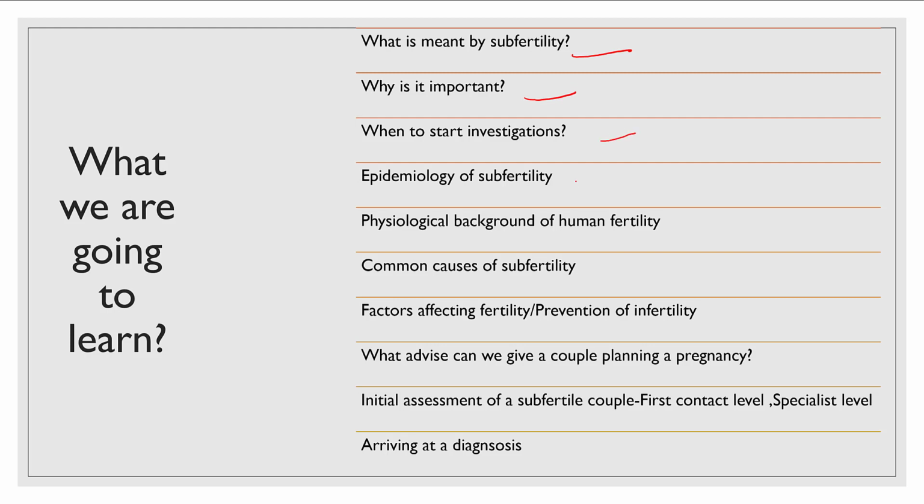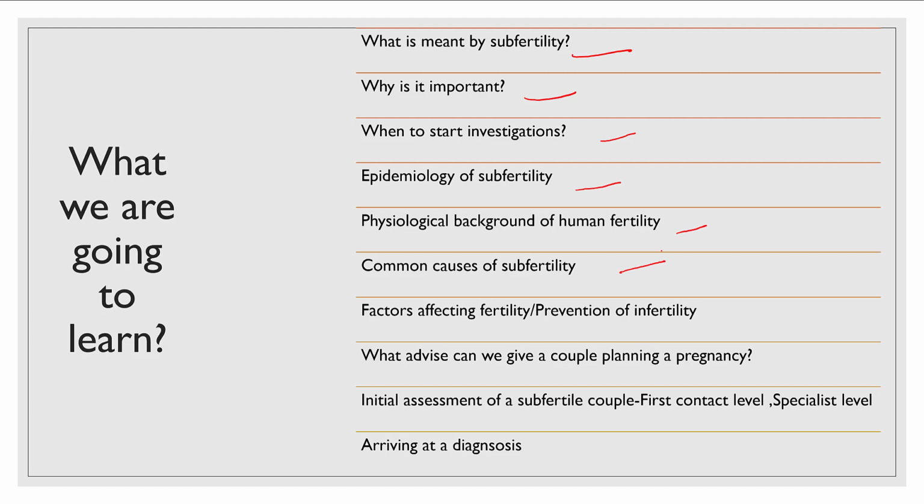A little bit about the distribution or the background or the epidemiology of subfertility, and then we will see how physiological knowledge which we have gained in our first years helps us in managing and understanding a couple or humans faced with subfertility.